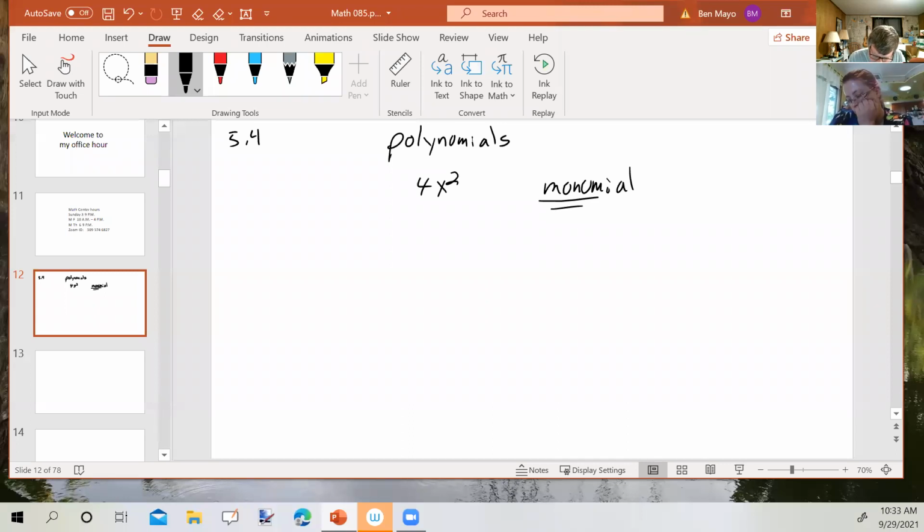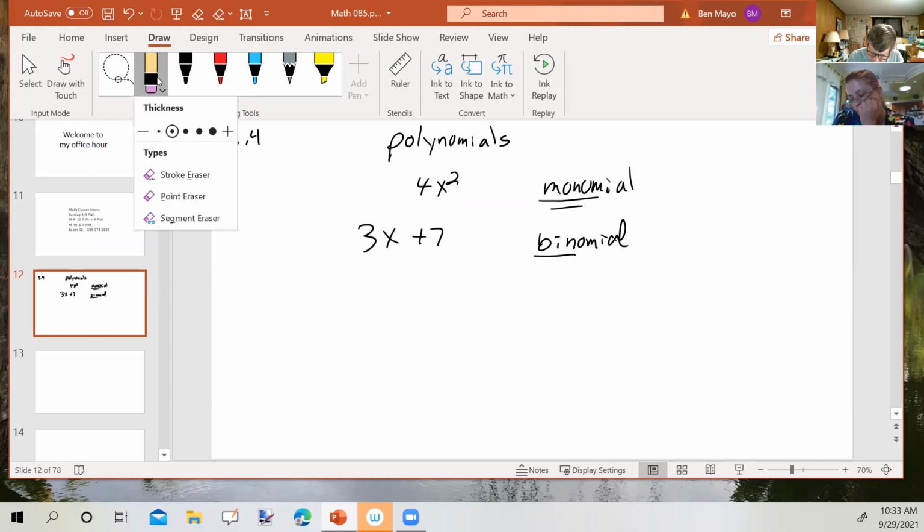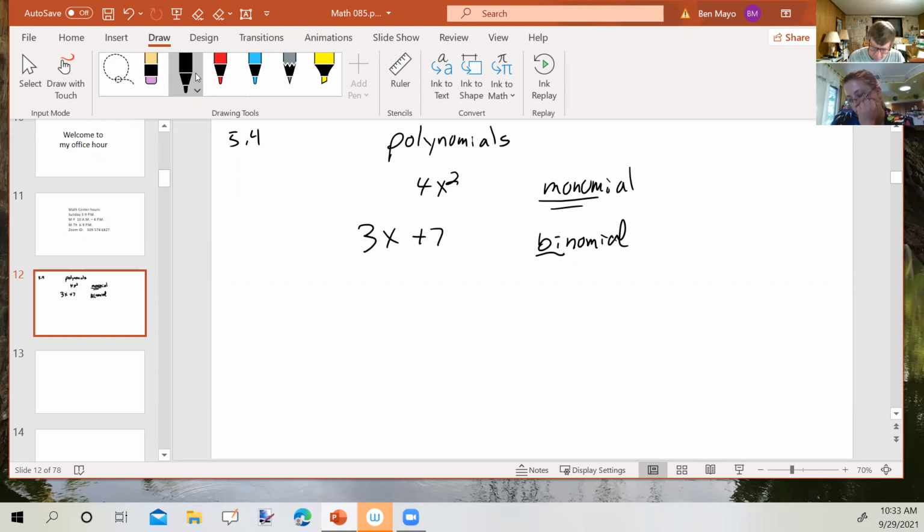Let's say we have two terms, 3x plus 7. This is called a binomial. Bi, as in a bicycle has two tires. A binomial has two terms, okay? Let's say we've got 4x squared plus 7x minus 12. This is a trinomial.